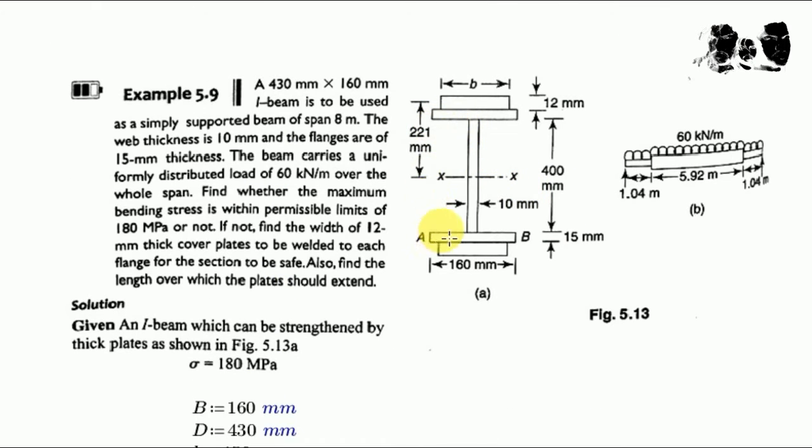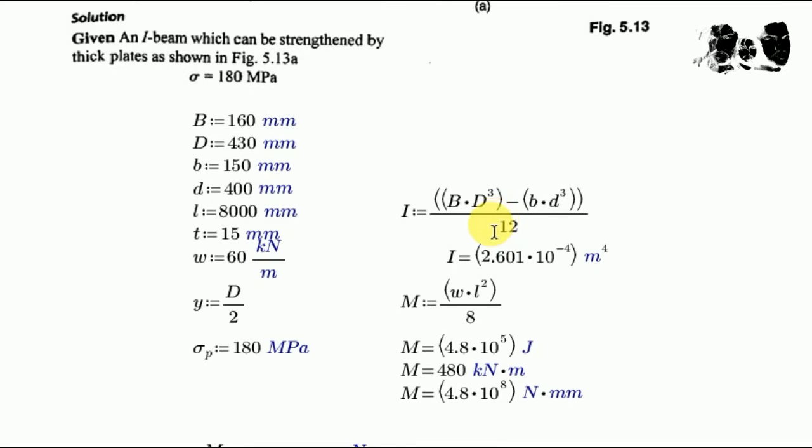If we add this part and this part, we have an internal rectangular section which acts as a hollow rectangular section. So by subtracting the inner dimension from the outer dimension, we have this formula, and by reducing the value in meter to the power 4, it is 2.601 into 10 to the power minus 4.